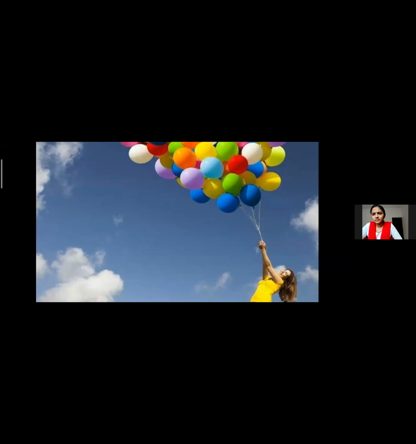Is there any peculiarity for the balloons? Maybe the balloon is pulling in an upward direction? Yes, exactly, Anjima teacher. It is pulling upwards. So there you can see that the gas which is inside the balloon is exerting some kind of an upward force.